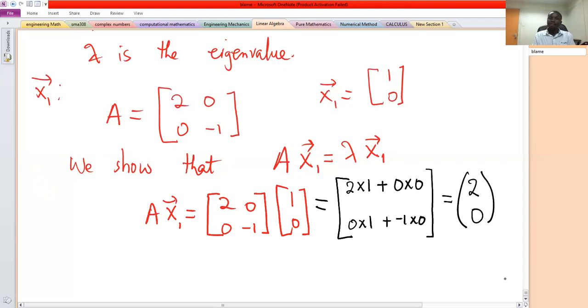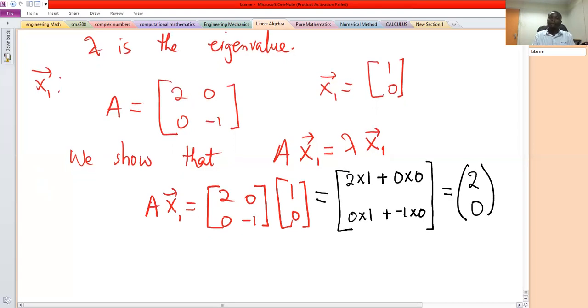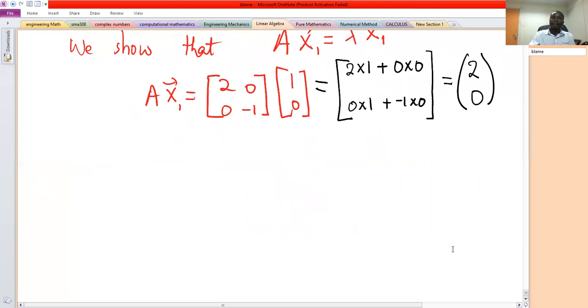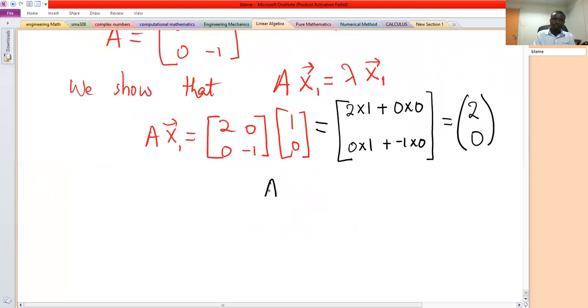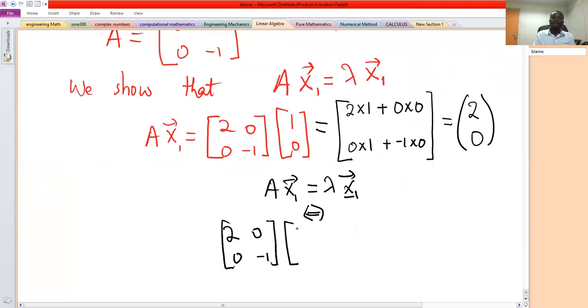Now, for us to have A x1 equal to lambda x1, we expect that once we write 2, 0, 0, -1 times x1, which is 1, 0, then we need a number here.